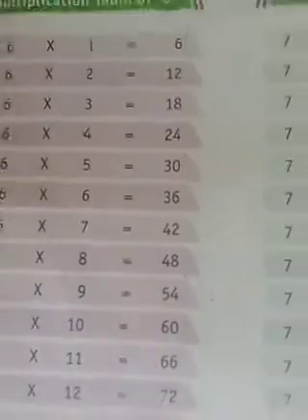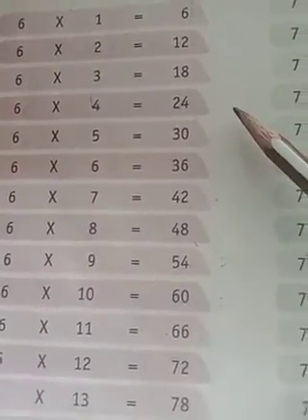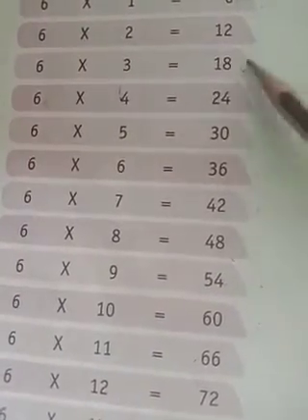Next, 18. Is 18 in the 3 table only? No, in which table will 18 come? The 6 table will be taken. In the 6 table it came. See here. 6 1s are 6, 6 2s are 12, 6 3s are 18. So I will take this, 6 3s are 18. 18 books will be distributed to 6 people.